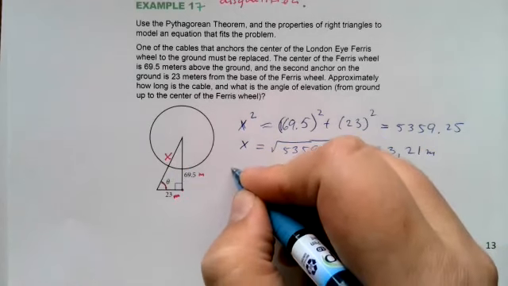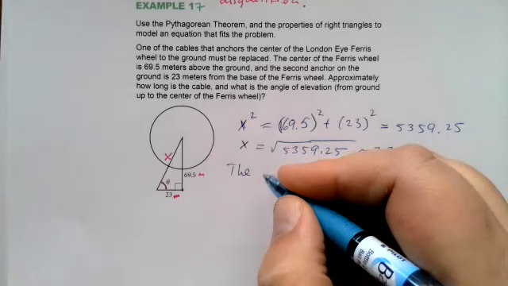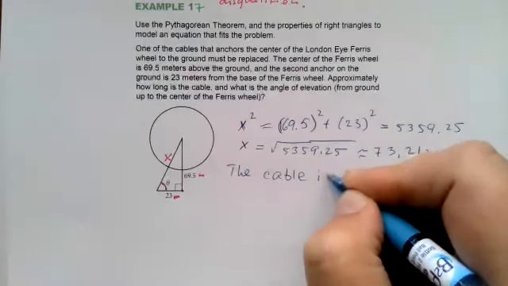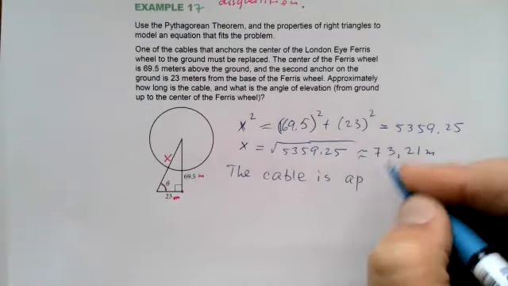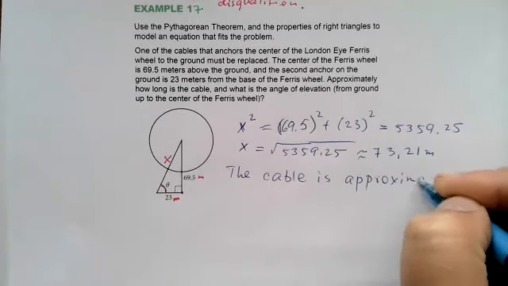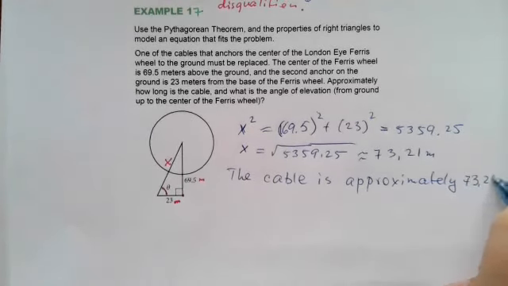So we know the approximate cable length is approximately 73.21 meters.